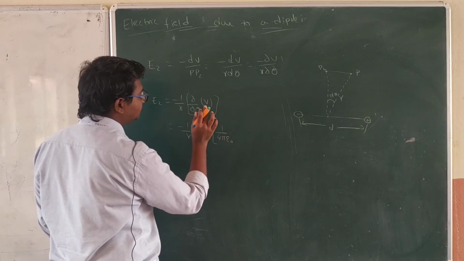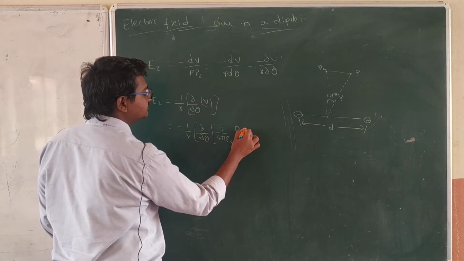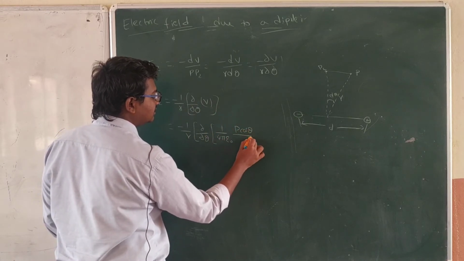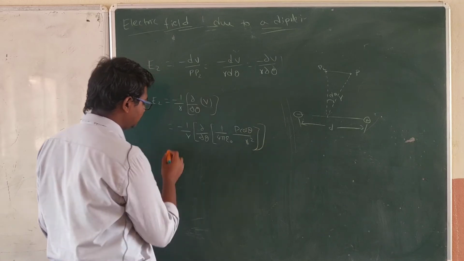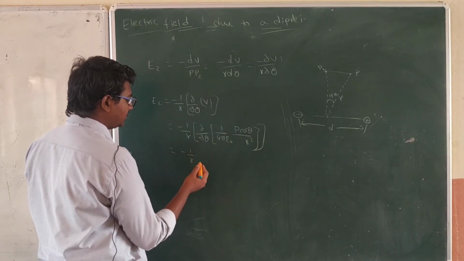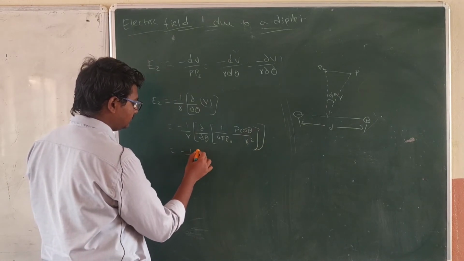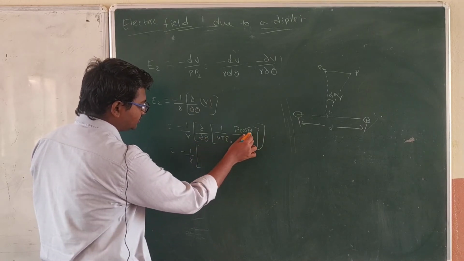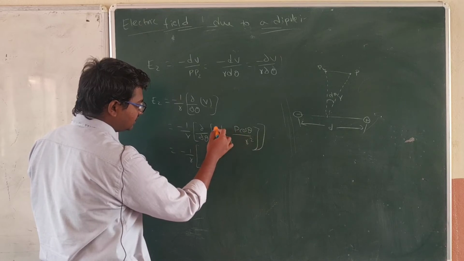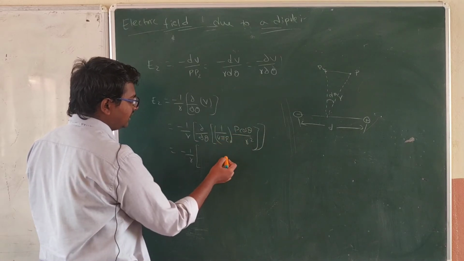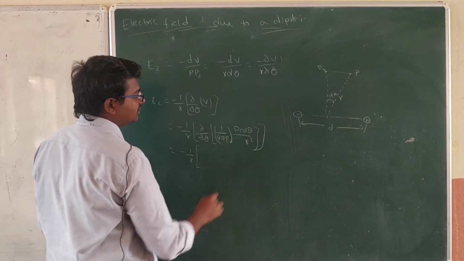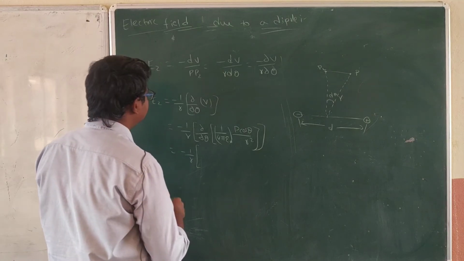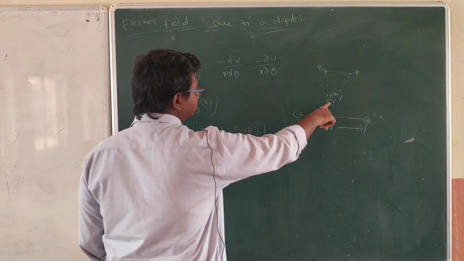This V value is for the dipole, that is P cos theta by r square, and we differentiate with respect to r, that is minus 1 by r into... here P cos theta, P is a constant, and r square is also a constant term, because in this situation only theta is changing, not r.